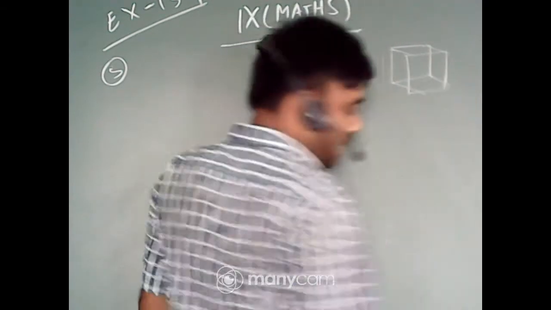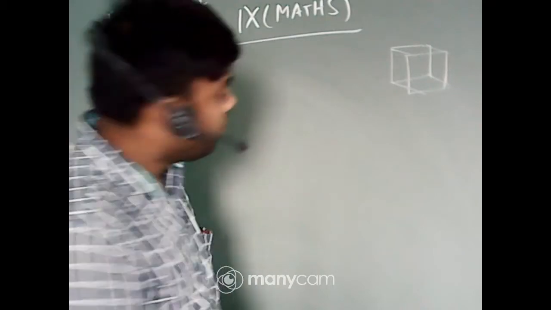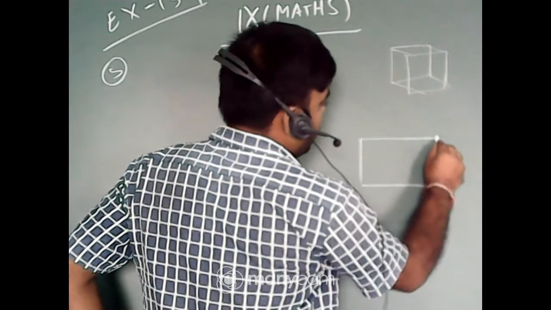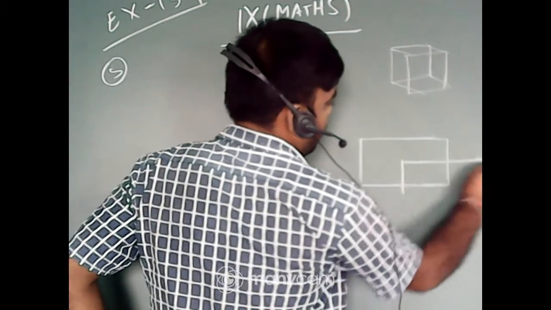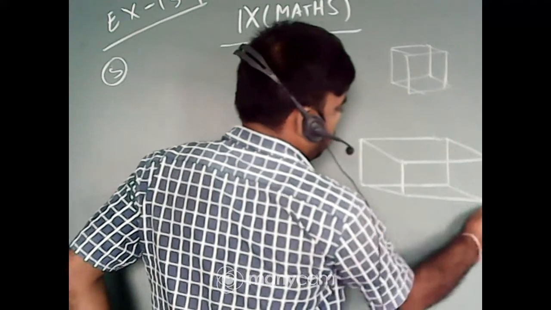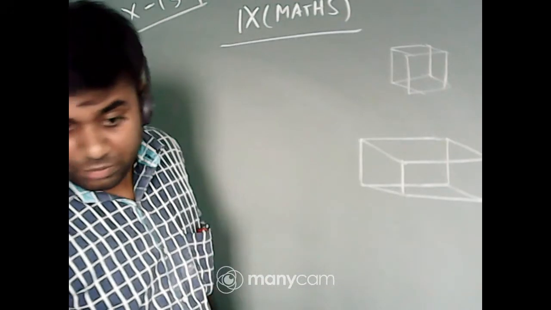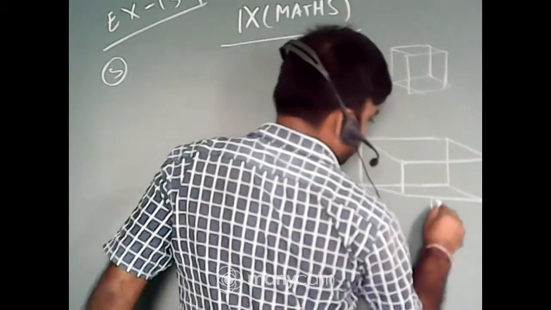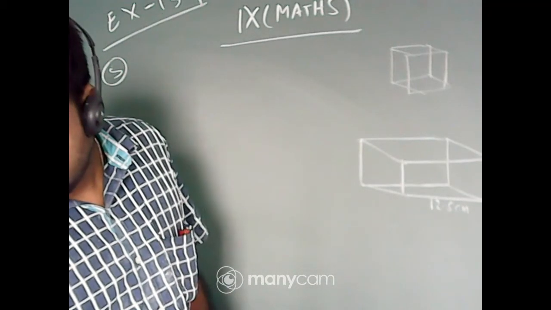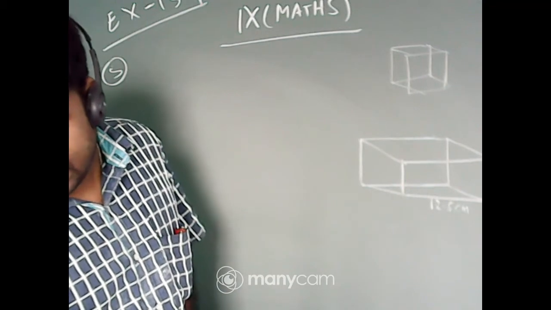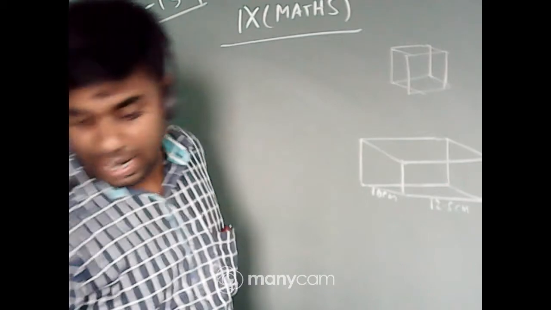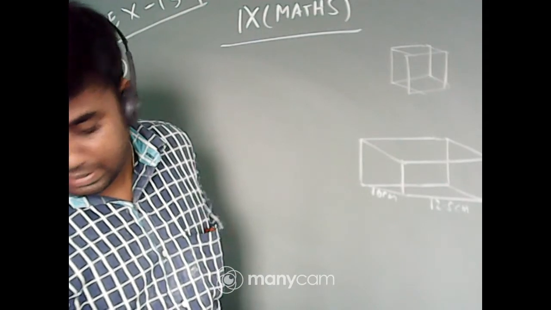Okay, and another is a cuboidal box. Cuboidal means the surface is rectangular. The length is 12.5 centimeter, breadth is 10 centimeter, and height is 8 centimeter.